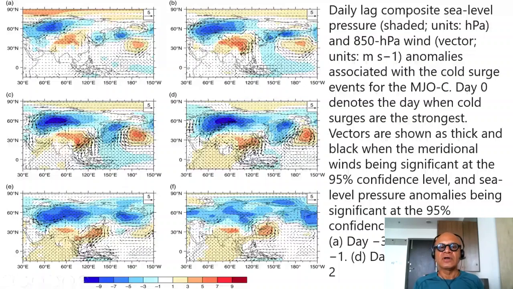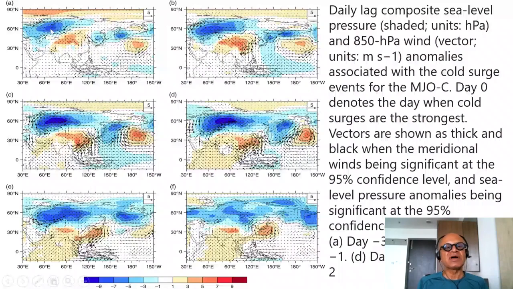But here we are looking at several days: day -3, day -2, day -1, day 0, day 1, and day 2. Day 0 denotes the day when the cold surges are the strongest.